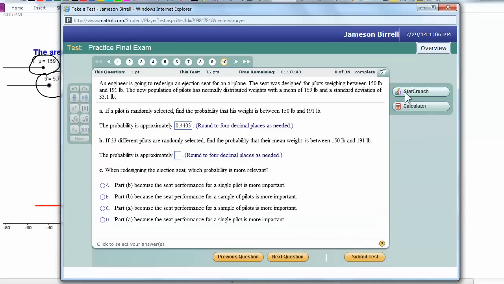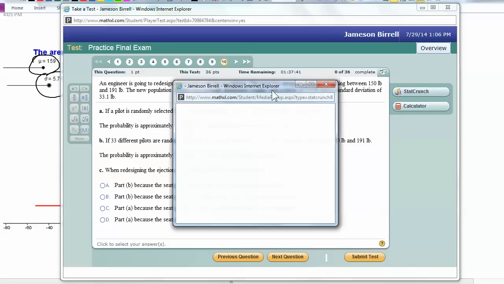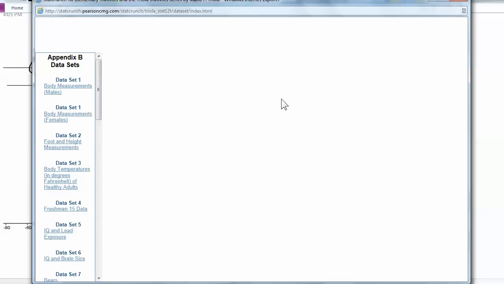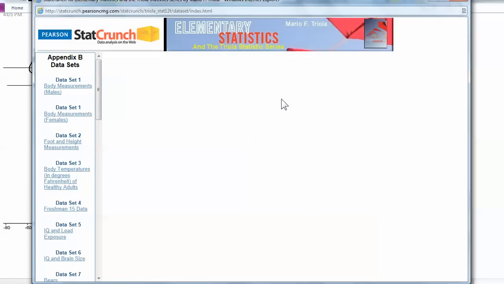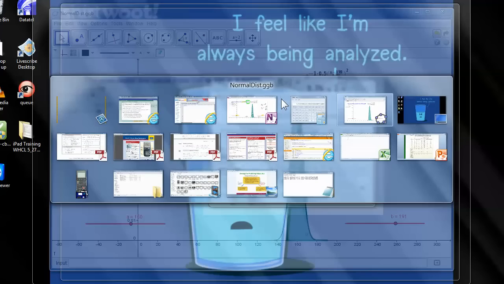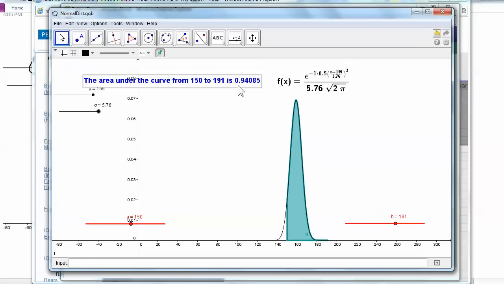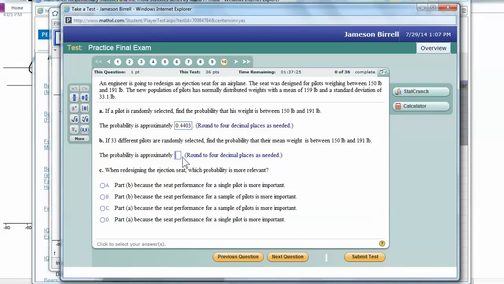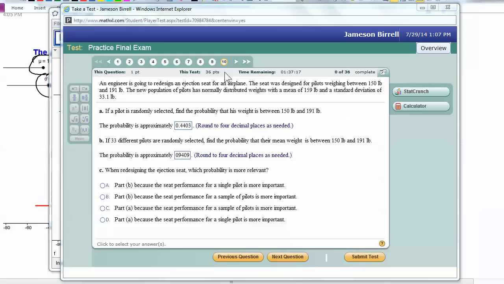So you can always open StatCrunch. And while it's opening, I'll just go ahead and grab that number. What was it? 9409? Okay, it looks like it's open. Okay, you can hit Stat.